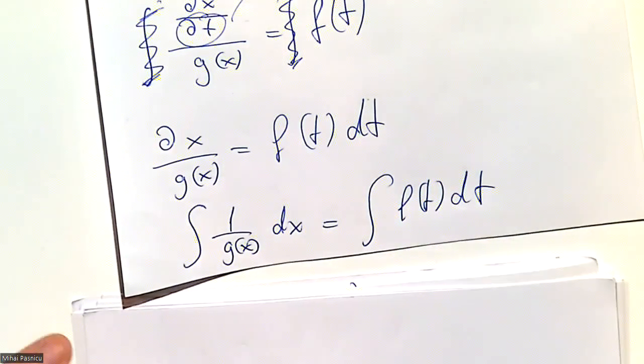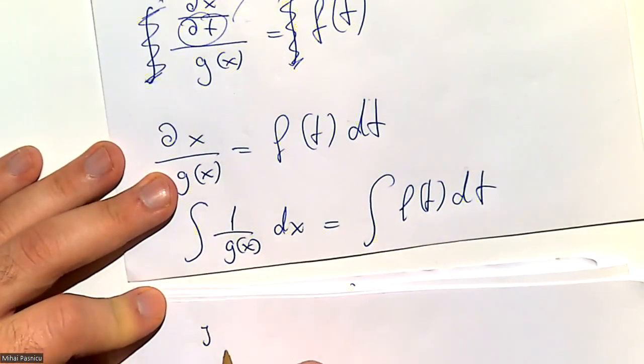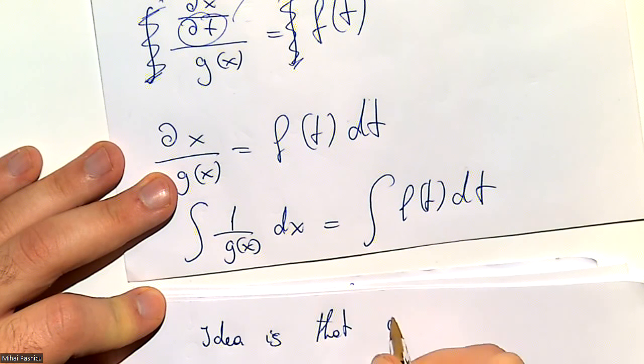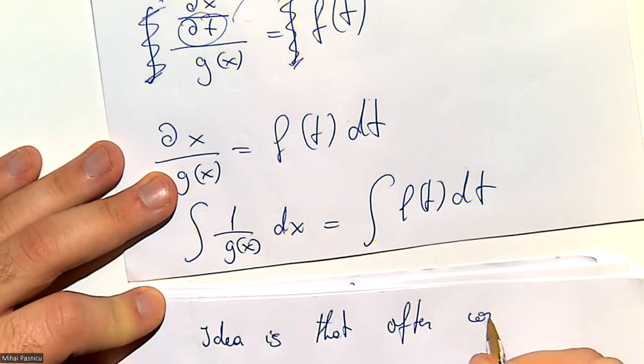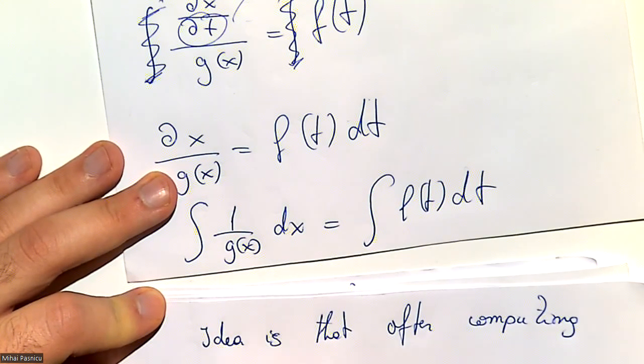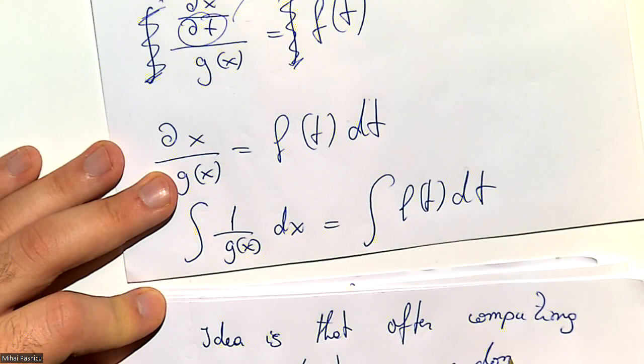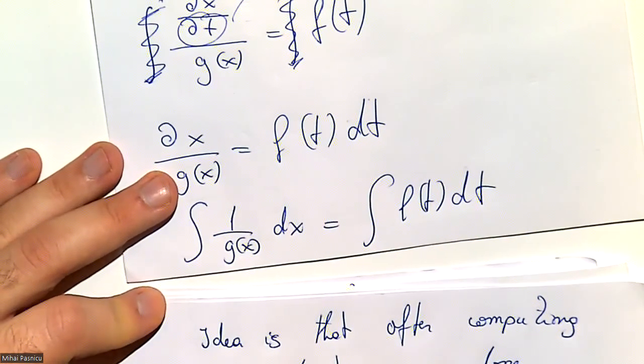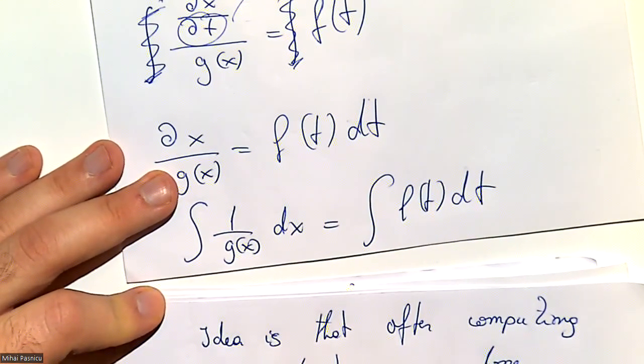After computing the two integrals, you are done, and you can write x of t as being something.